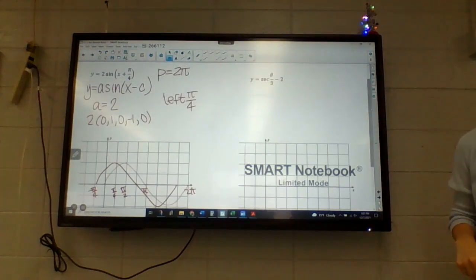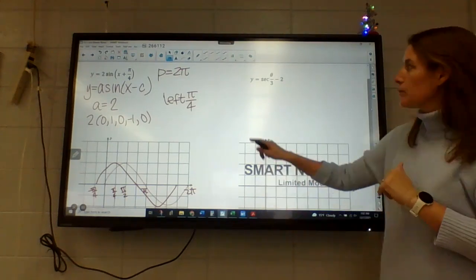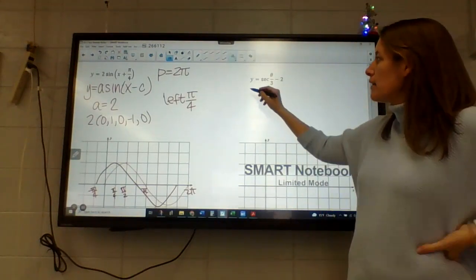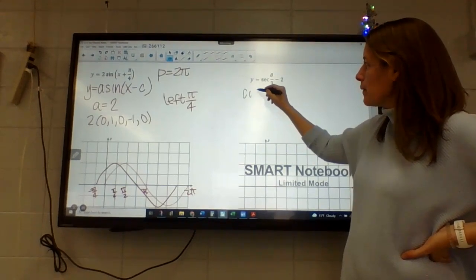All right, the next one is asking me for the secant of theta over 3 minus something. I threw a theta in there because I knew that sometimes when those come up, you don't know what to do with them. So one of the things is theta goes with cosine.